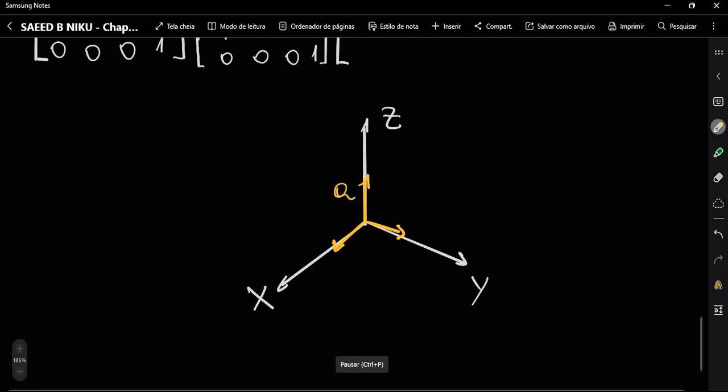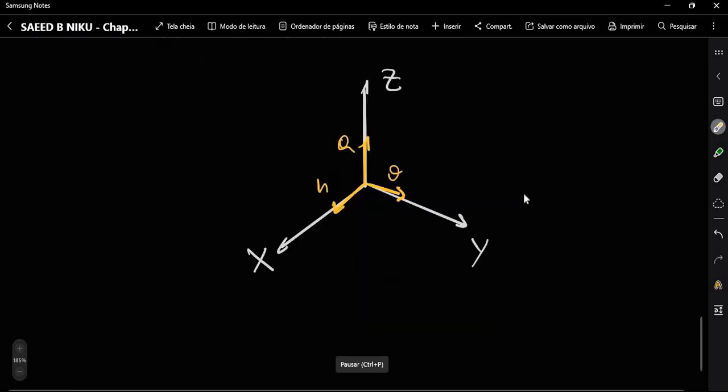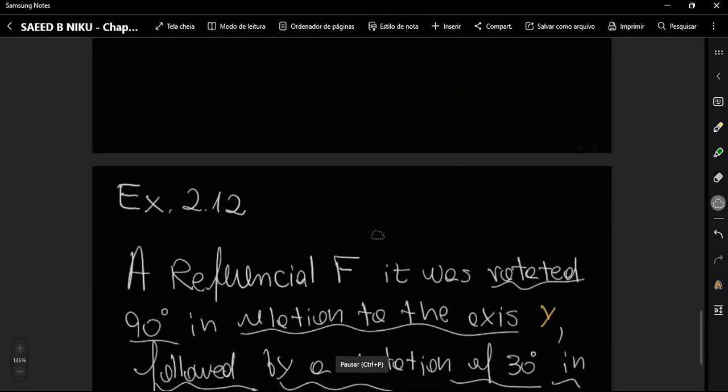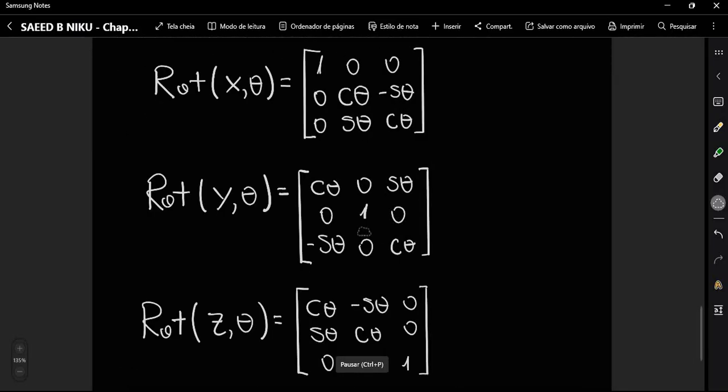It is A and O. So O is on the same direction as the axis Y. So we can use this characteristic matrix.